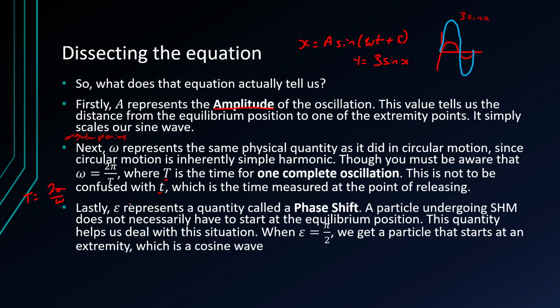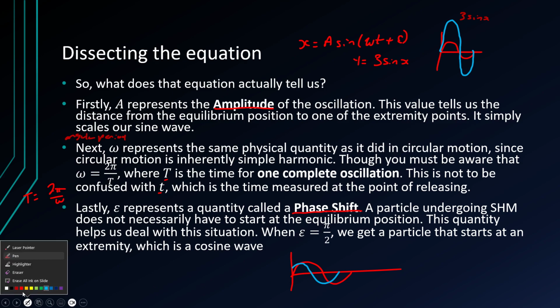Lastly, we have epsilon, which is known as a phase shift. This accounts for if the particle doesn't start at its equilibrium position. If it started at its equilibrium, you'd have something like this. If it didn't start at its equilibrium, it would end up with something like this. You're essentially just moving the sine wave across.